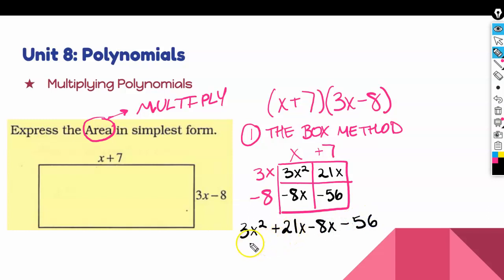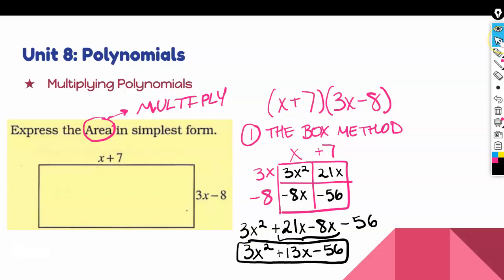And I really just need to combine those middle two like terms. And that gives us 13x. And ta-da! That's it. That would give you your area.